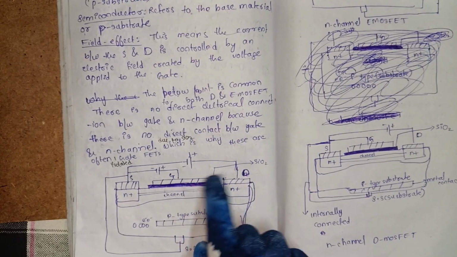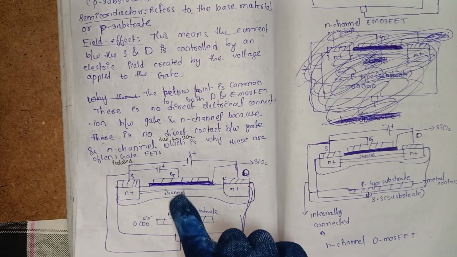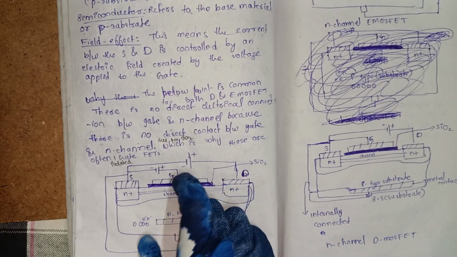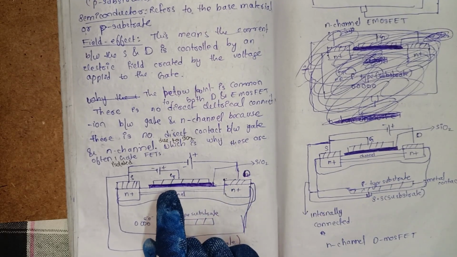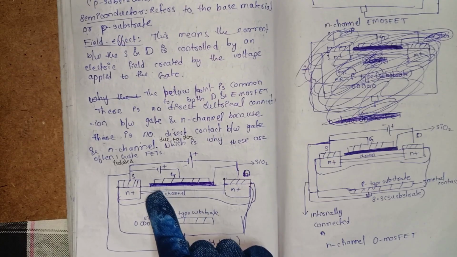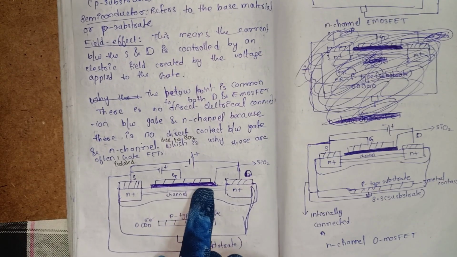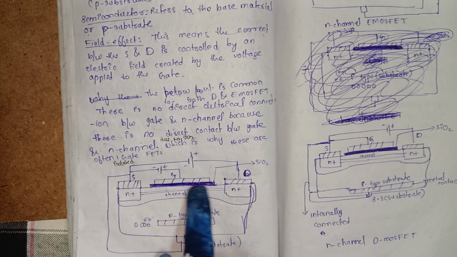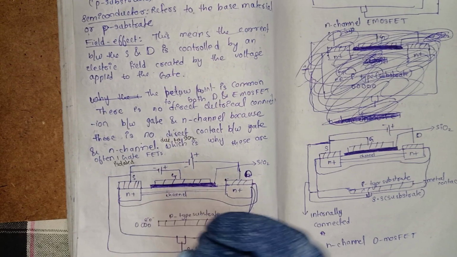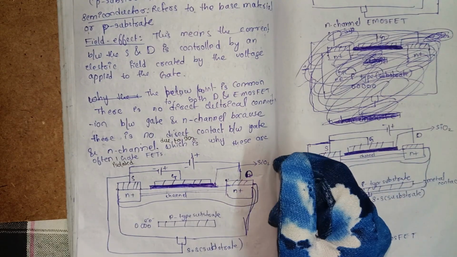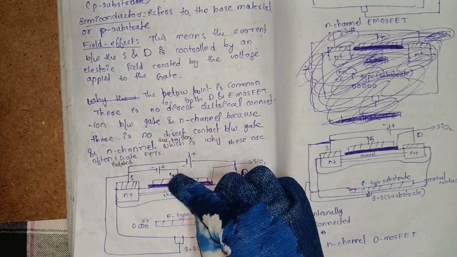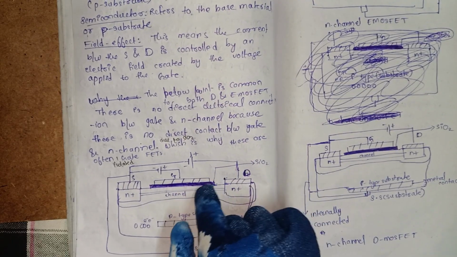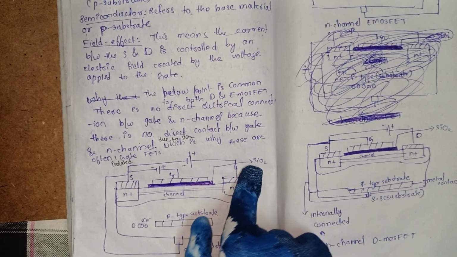So the gate is considered as one plate, and the P substrate, meaning only the region just beneath this silicon dioxide, is considered as the other plate. The gate is positive and the P substrate is the negative plate, and in between them is silicon dioxide, which is the dielectric.